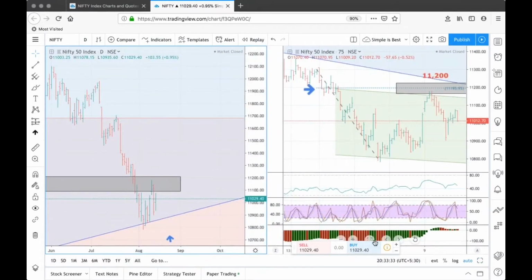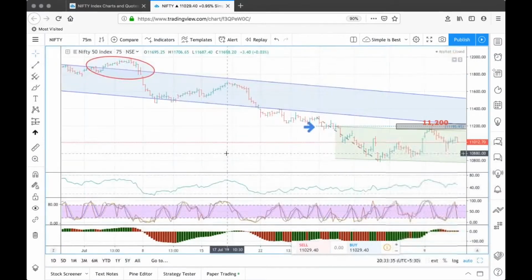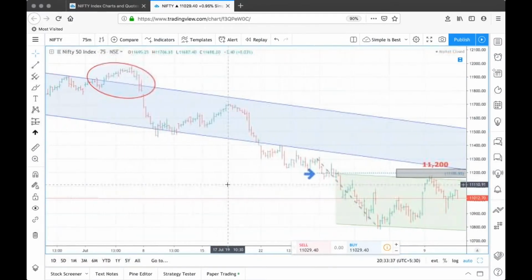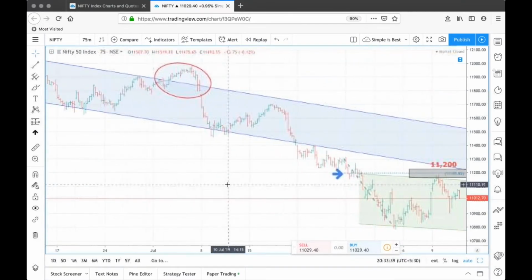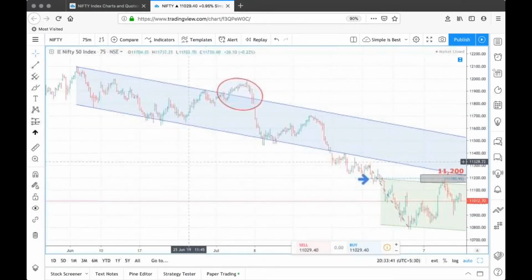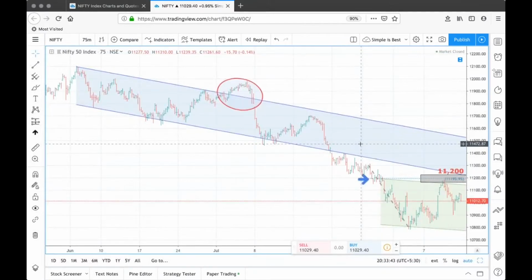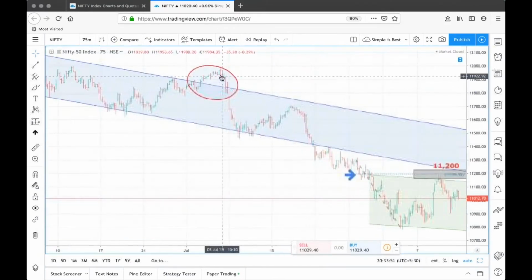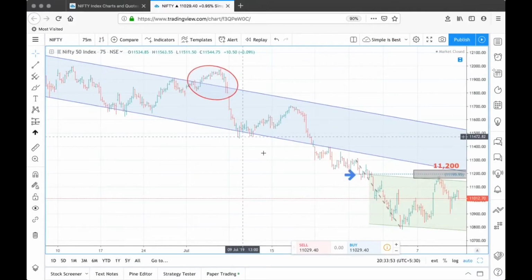Now, let me take you to one time frame lower. This is the 75-minute chart of Nifty Spot. We have this long-term price channel, which I always draw using the RSI. This is the excess amount, which overshot and then led to a very sharp decline.